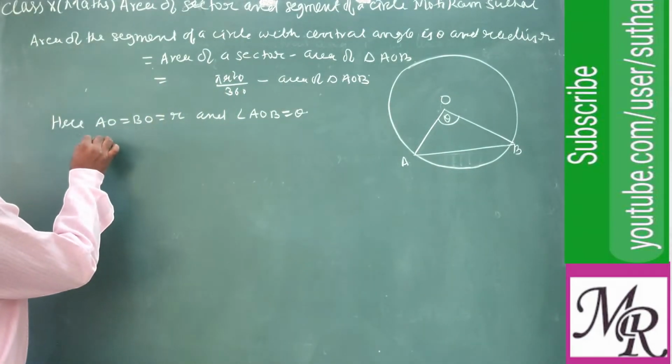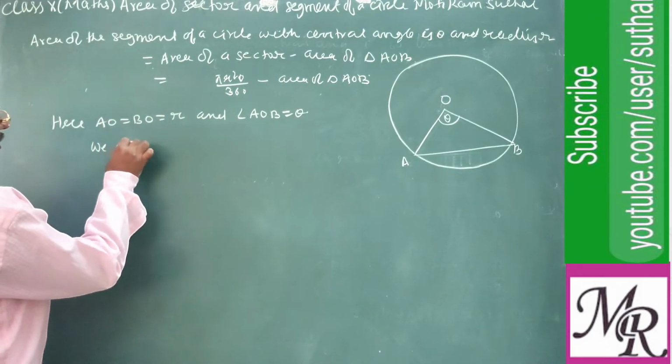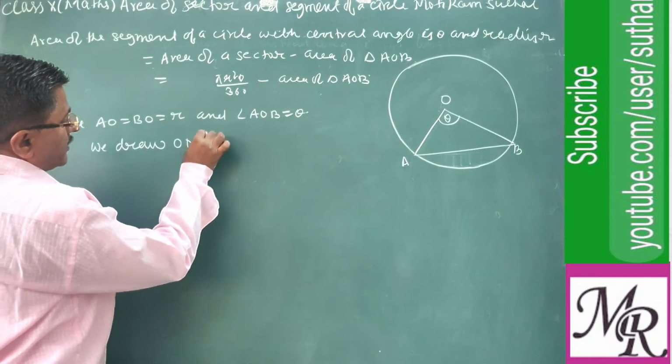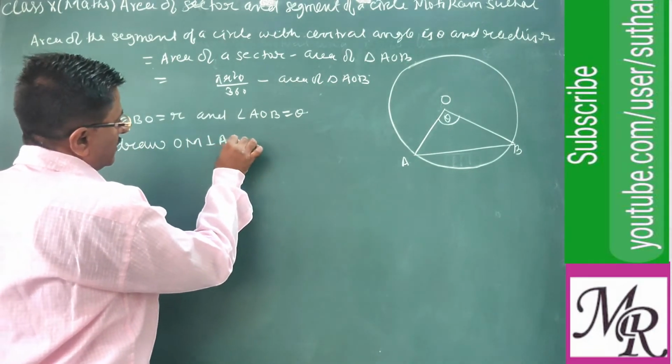So see, we draw a perpendicular OM on AB.